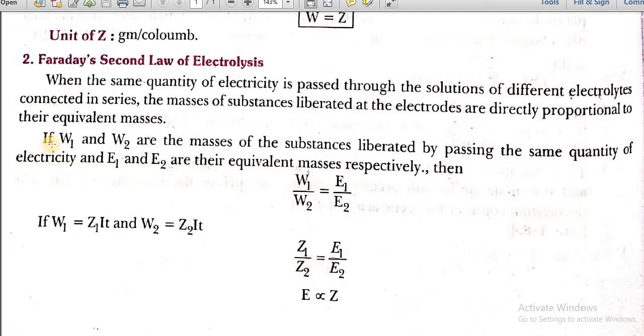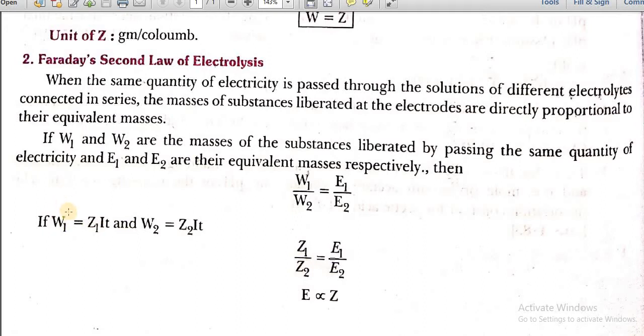Say for example, if W1 and W2 are the masses of the substances liberated by passing the same quantity of electricity, and E1 and E2 are the equivalent masses respectively, then according to the second law we can write W1 by W2 equals E1 by E2.